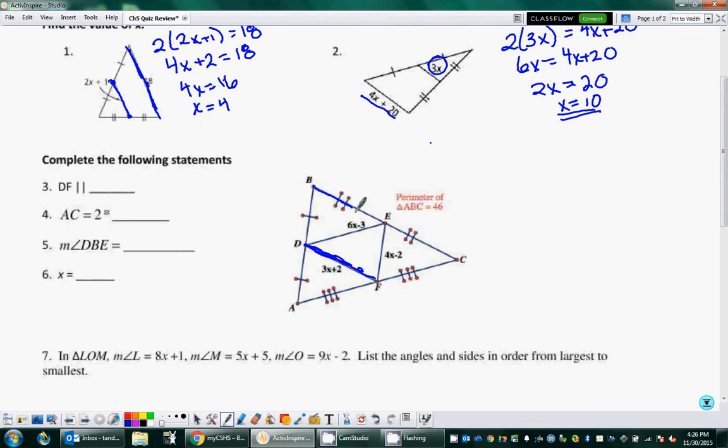For number 5, I've got my angle DBE. And since I've got parallel lines here, I've got corresponding angles that are going to be congruent. So I could have had either angle. Remember, corresponding angles are congruent.